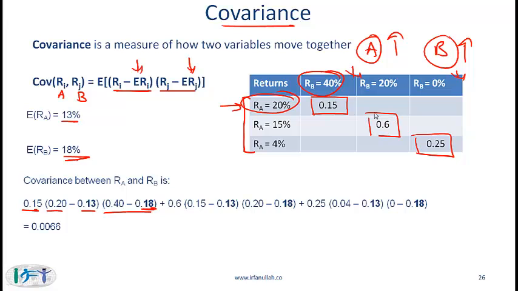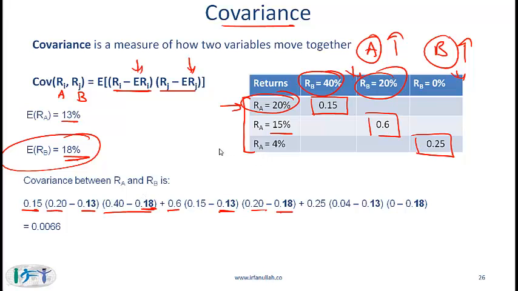Then you move to the second scenario, probability 0.6, and we have 0.15 minus the expected value. For B, we have 20% minus 0.18, the expected value.